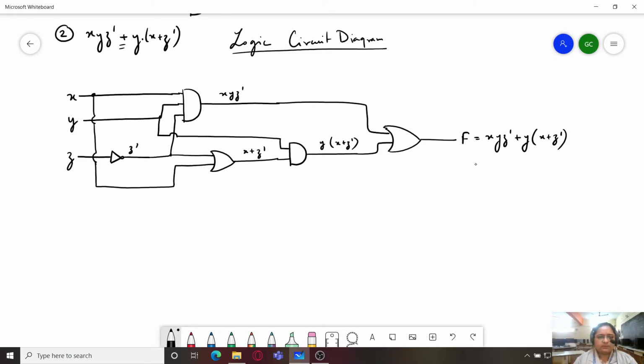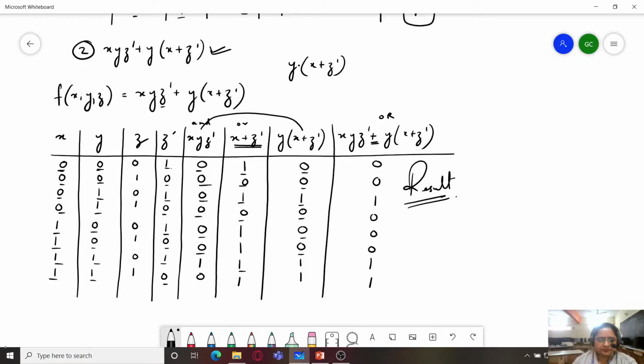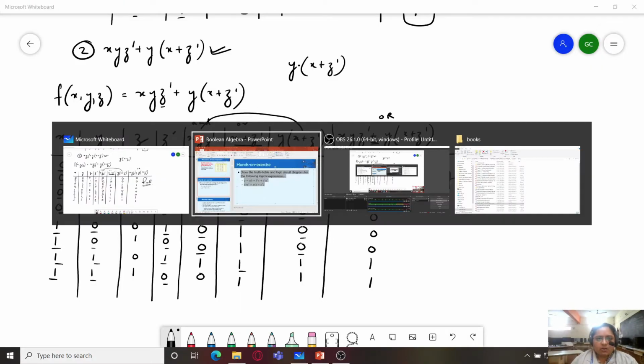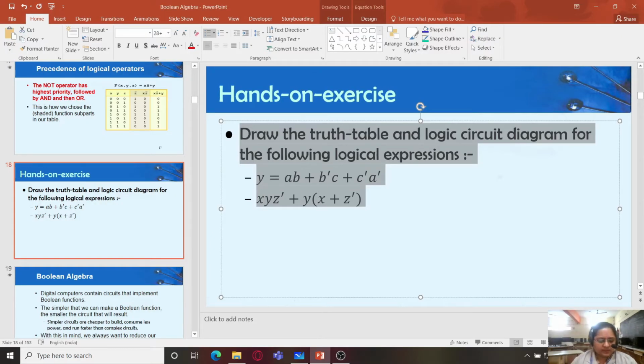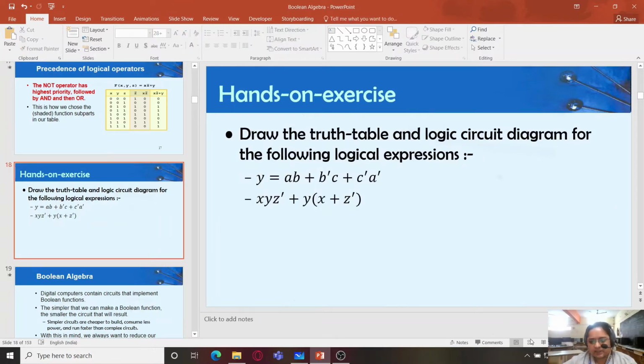So this way we can create our logic circuit diagram, and make sure that your logic circuit diagrams are pretty neat. So this is how, with the help of truth tables, we evaluate logical expressions.